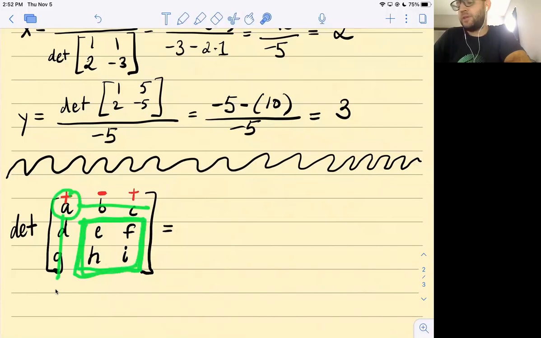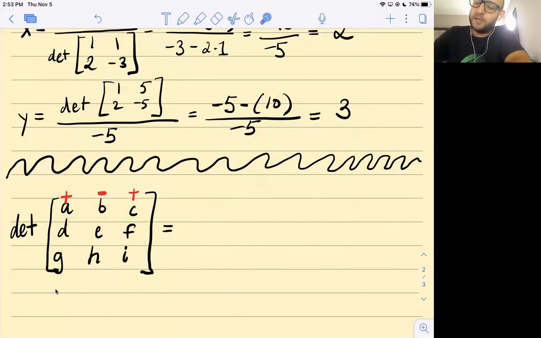I believe it's called a minor, but the idea is you're left with a smaller matrix. So the 3 by 3 determinant is built up from a smaller one. You can do A times the determinant of E, F, H, I.